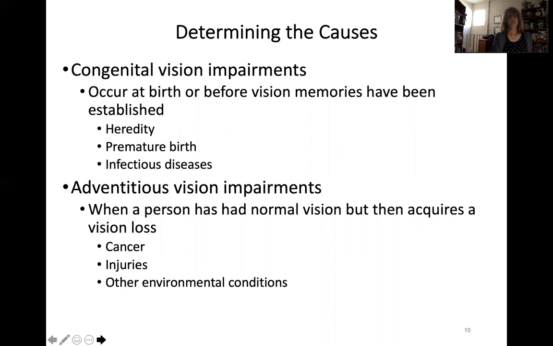Those could be genetic, those could be premature births, or infectious diseases. You also have individuals who had normal vision at birth, and depending on when something happened in the environment, or due to things like cancer or injuries, they acquire a vision loss.